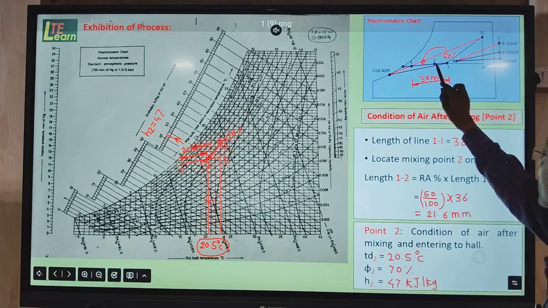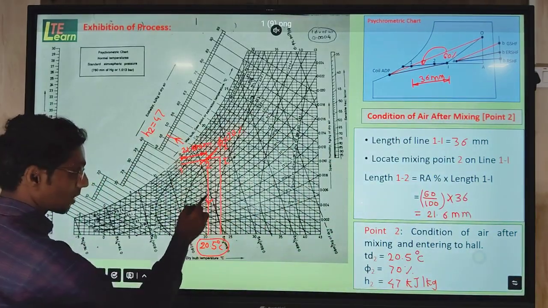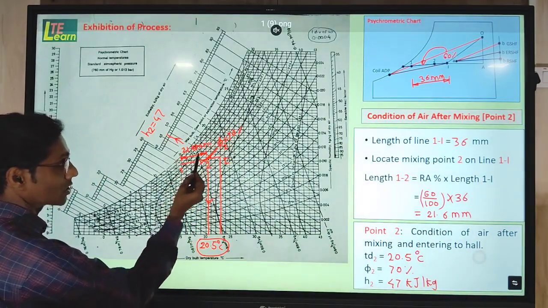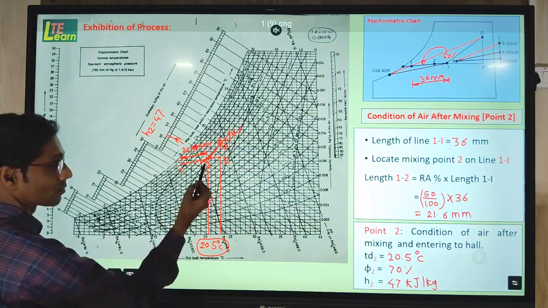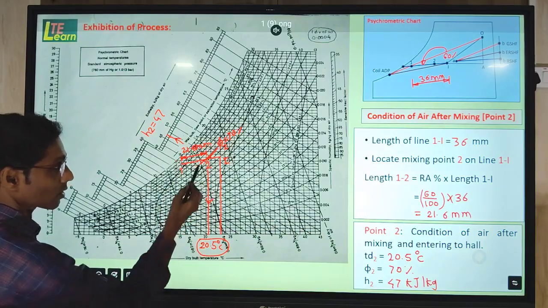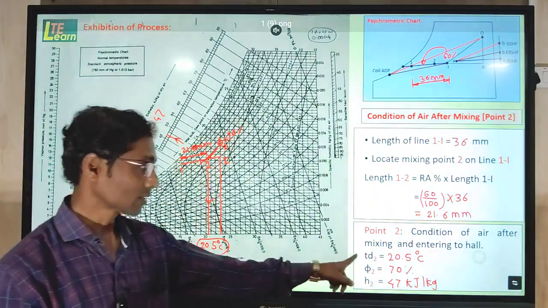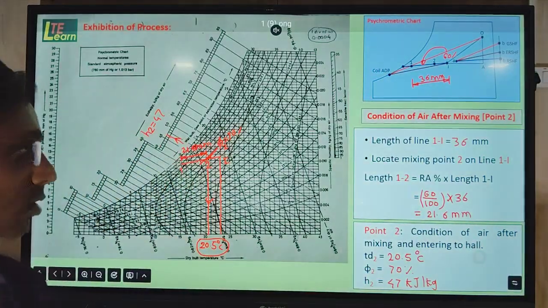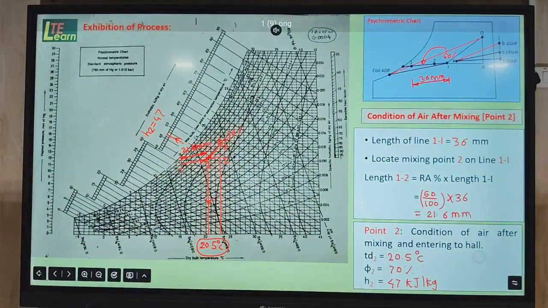Thus we get the values for point 2. Here we have located point 2 with the distance we got from the calculation from point 1. We find here the dry bulb temperature, the enthalpy and the relative humidity. These properties we have mentioned over here. So this is the condition of air after the mixing chamber, that is point 2.